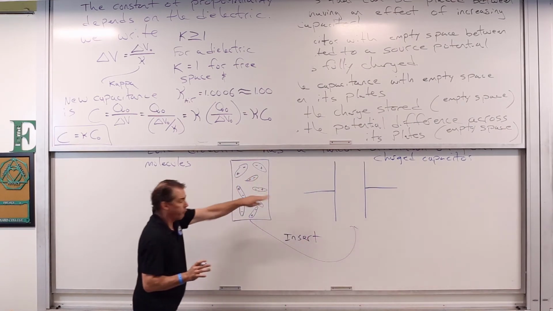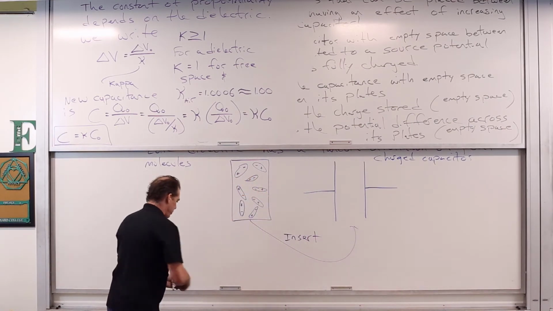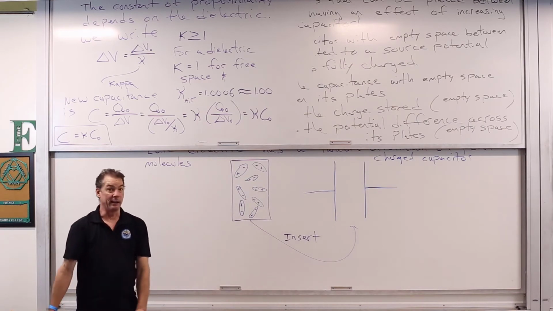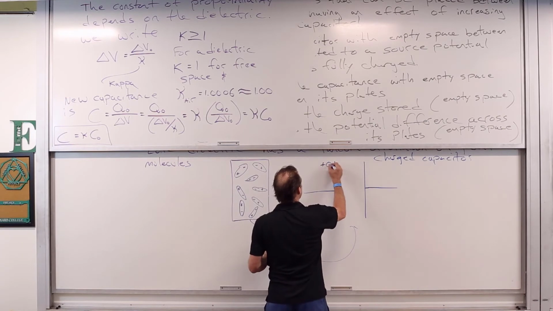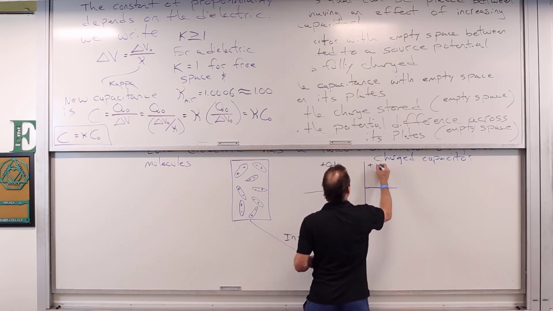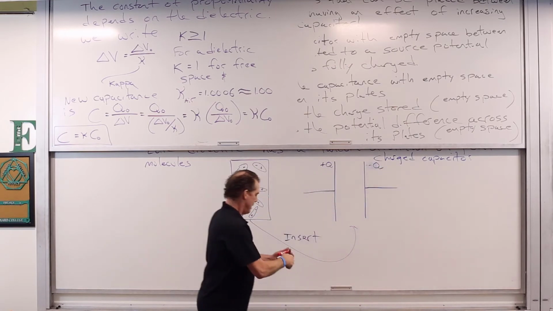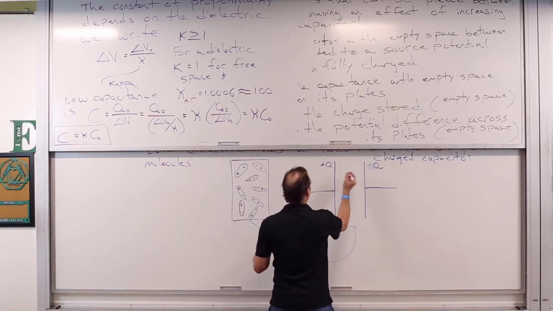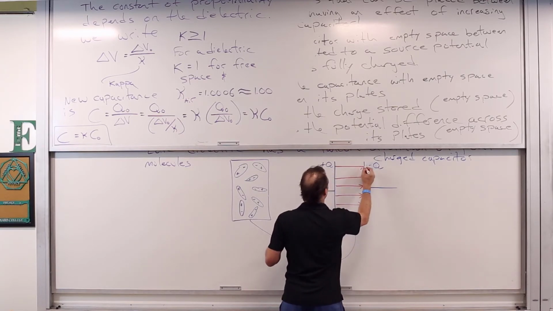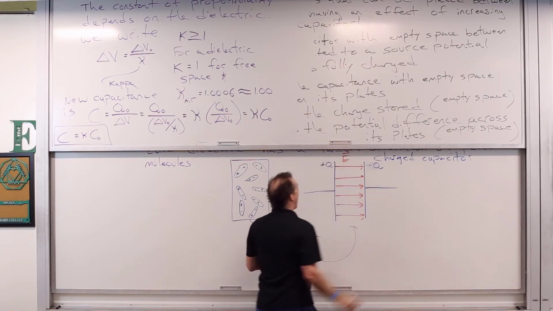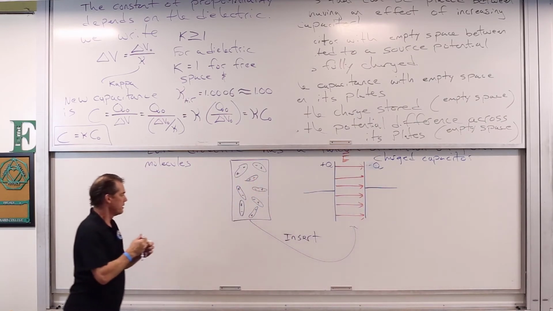Well, before we even insert it, since this capacitor is charged, what does it have? It's got an electric field, right? So let's say that this is the positively charged plate, and this is the negatively charged plate. It's going to have this electric field that goes from positive to negative. This is our E hat due to these outer plates.